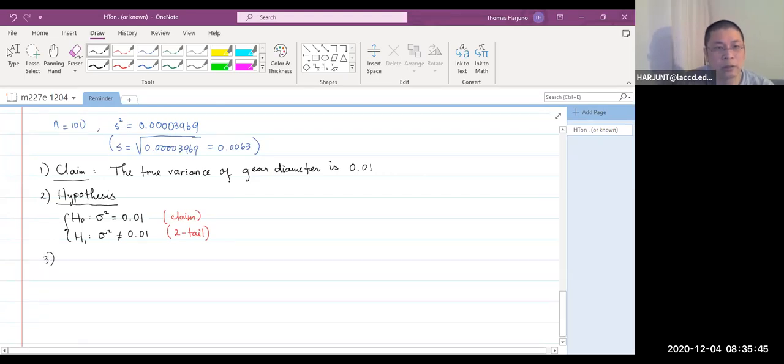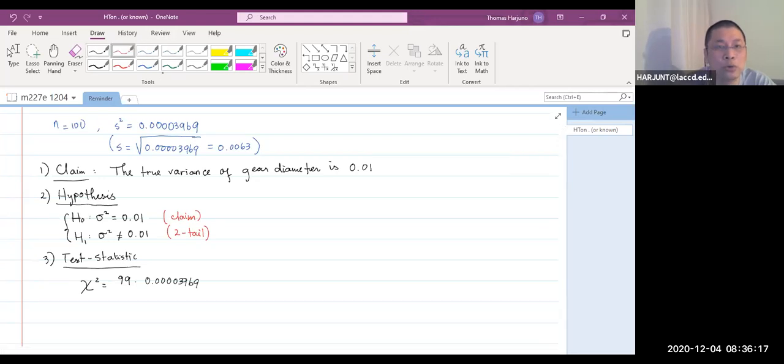Step 3, test statistic. Chi-squared equals degree of freedom 99 times sample variance 0.00003969.